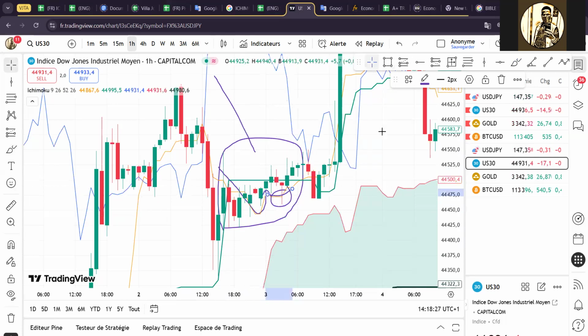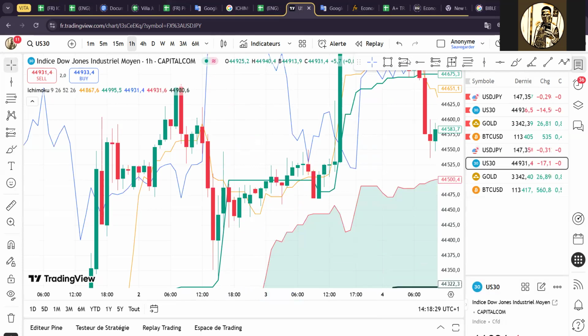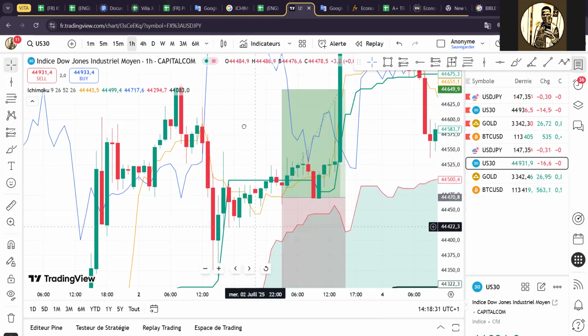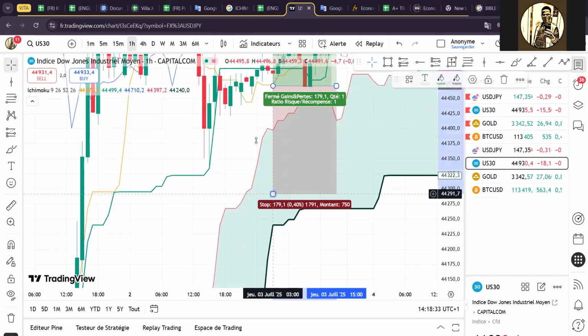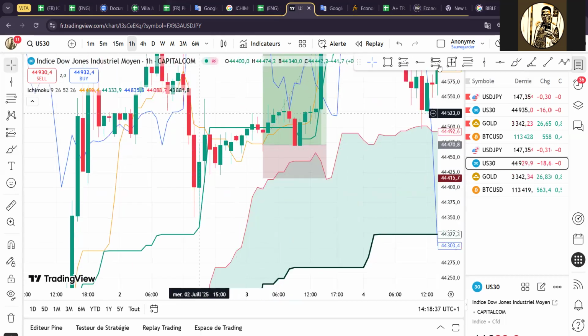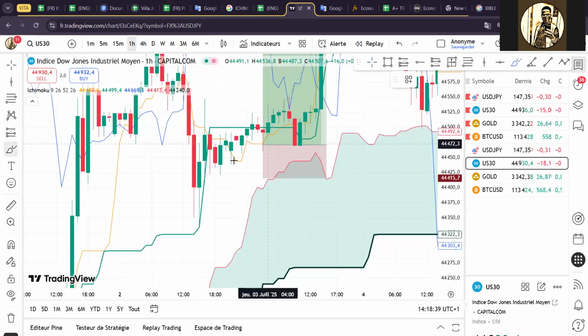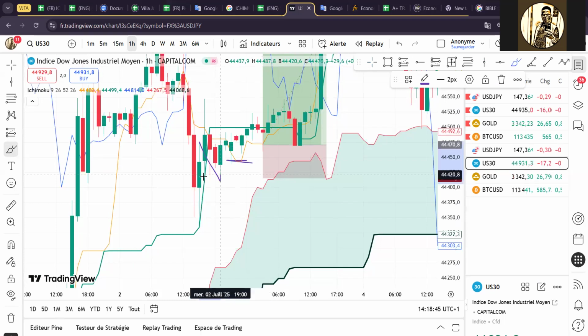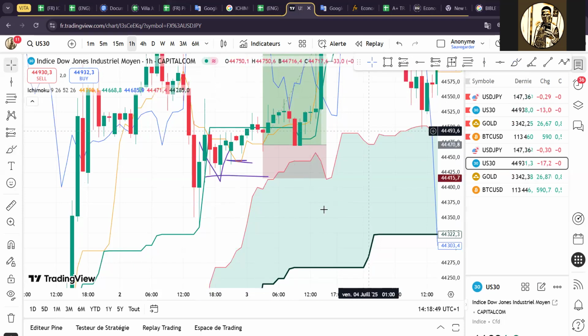Then you can have your entry at this level and place your stop loss just at this V, just below this Tenkan mountain of the correction. That's the first way that you can do.